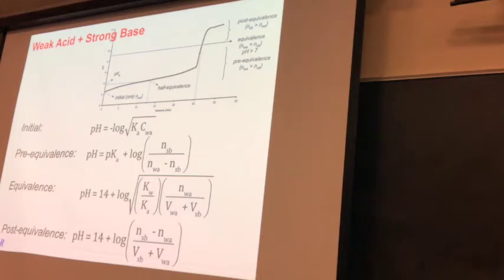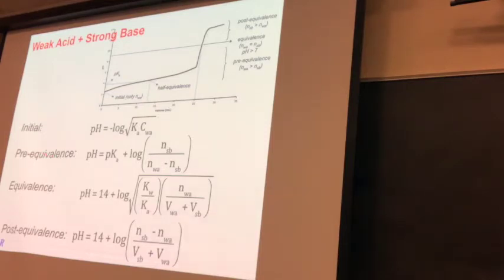So mathematically, it works out really cool. pH equals pKa plus log moles of strong base divided by moles of weak acid minus moles of strong base. And again, the moles of weak acid doesn't change. It's the other part that changes. That's why this region in here is pretty flat, all right? We'll talk about this half equivalence thing later too.